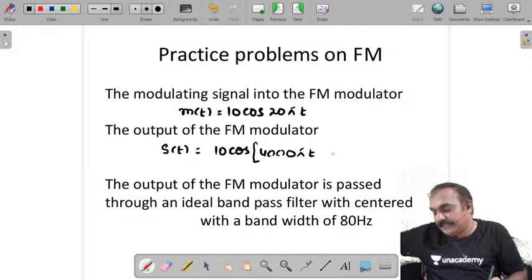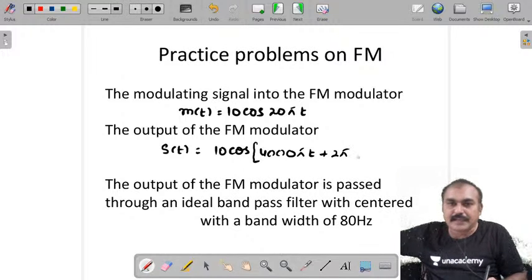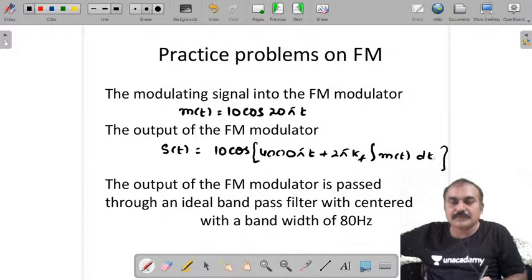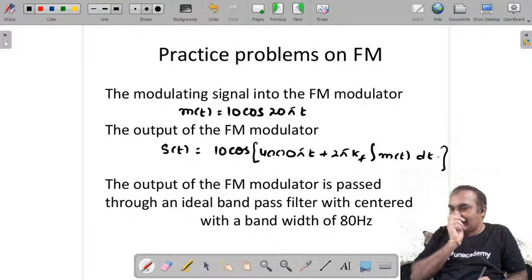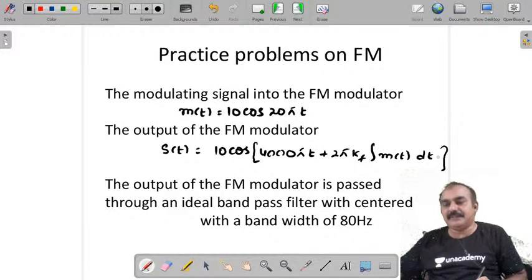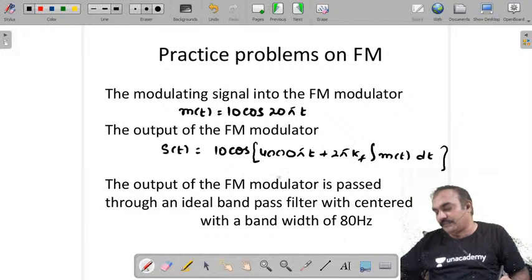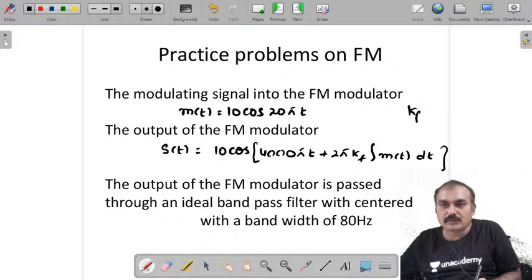plus 2 pi into kf into the integration of m of t dt. He only has given all these parameters, and he has given the value of kf also: kf equal to 5 Hz per volt.